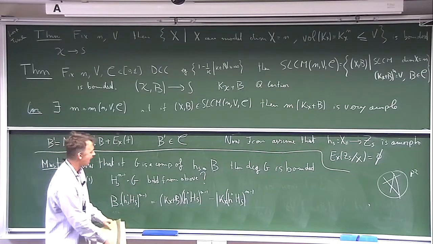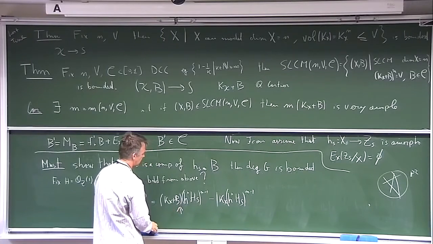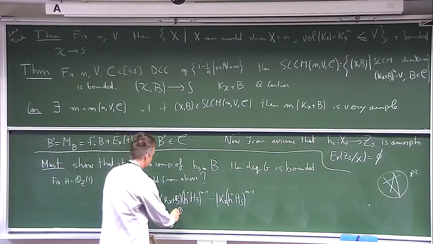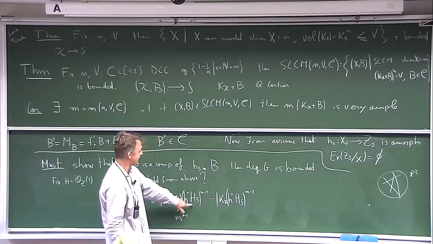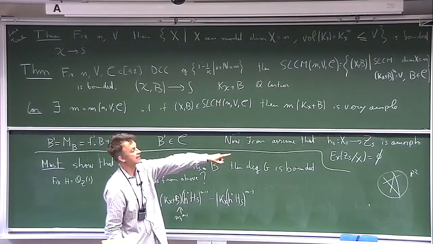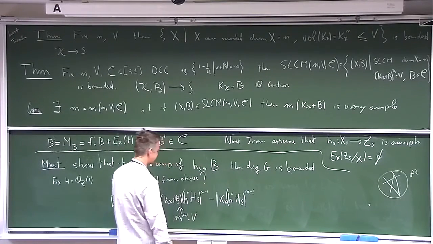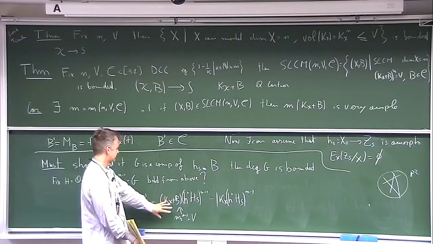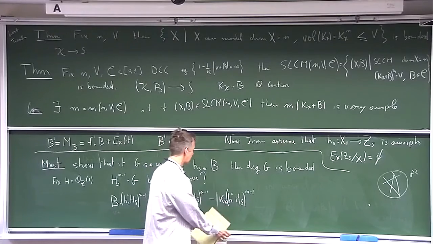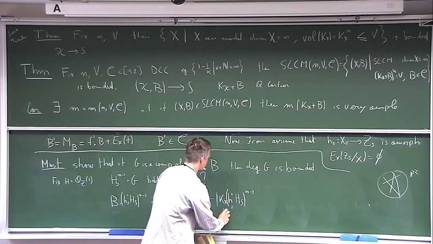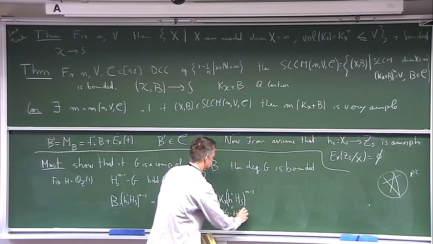Okay. But now, this quantity here is bounded from above by m_0^{n-1}, right? Because to make H over S, I used m_0 copies of K_X plus B times the volume. So this part is bounded from above. And now, this part here is actually equal to K_Z times H_S^{n-1}.